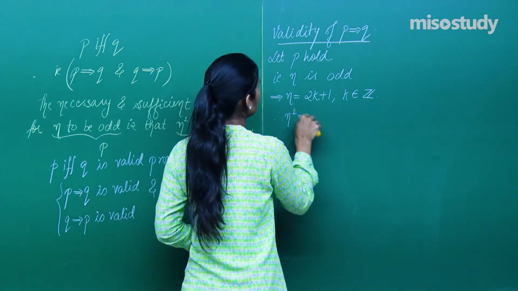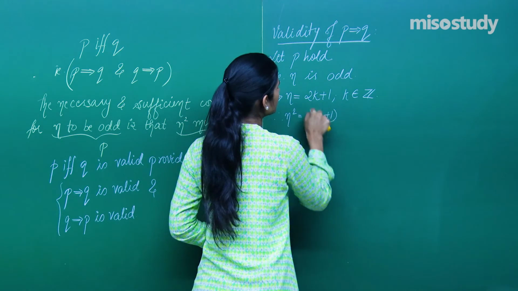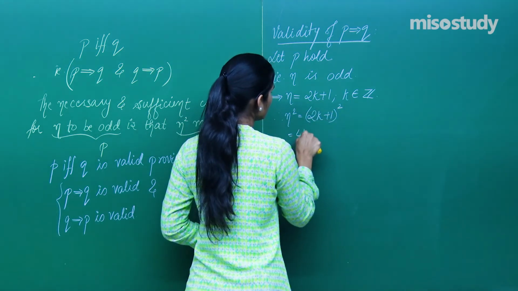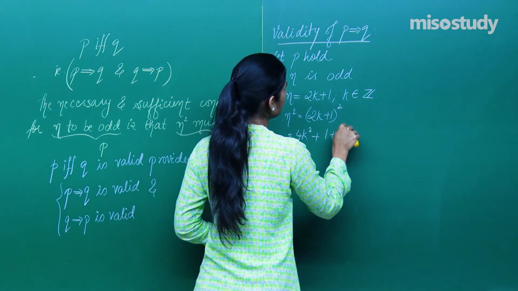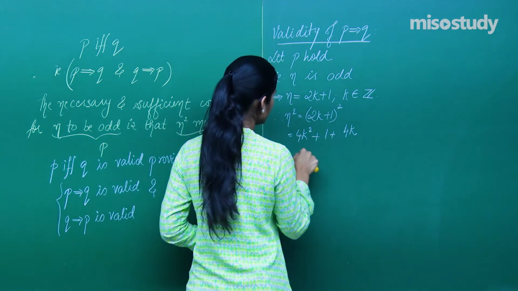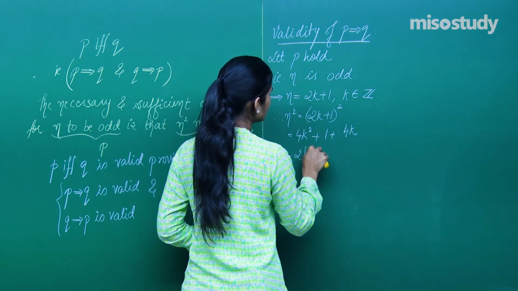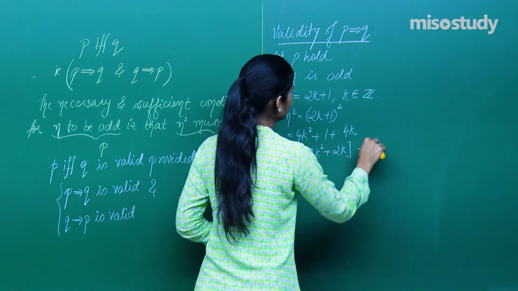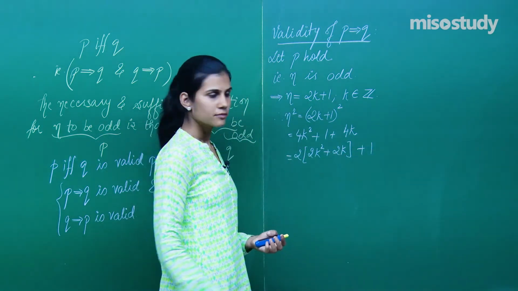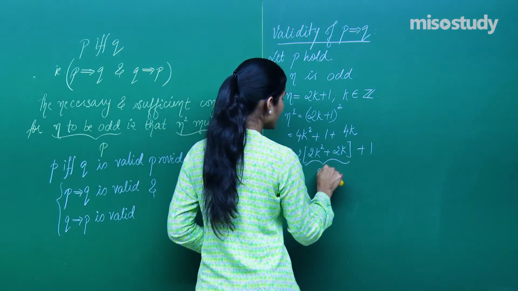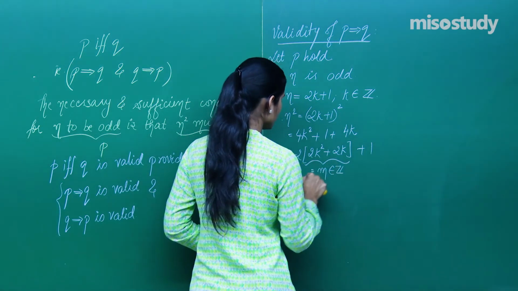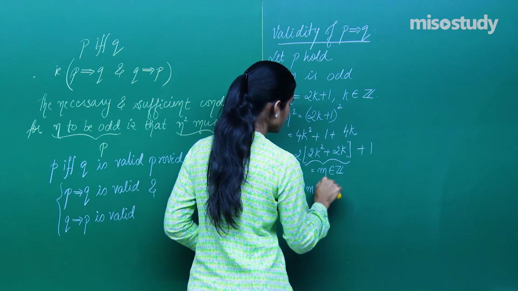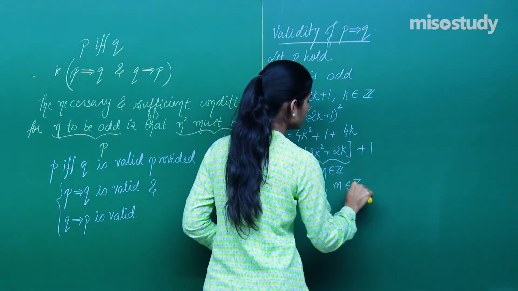So n square will be what? 2k plus 1 whole square, which is 4k square plus 1 plus 4k. So I can write 2 common, 2k square plus 2k plus 1. Of course, this is some integer m. So I have written this as 2m plus 1 where m is an integer.